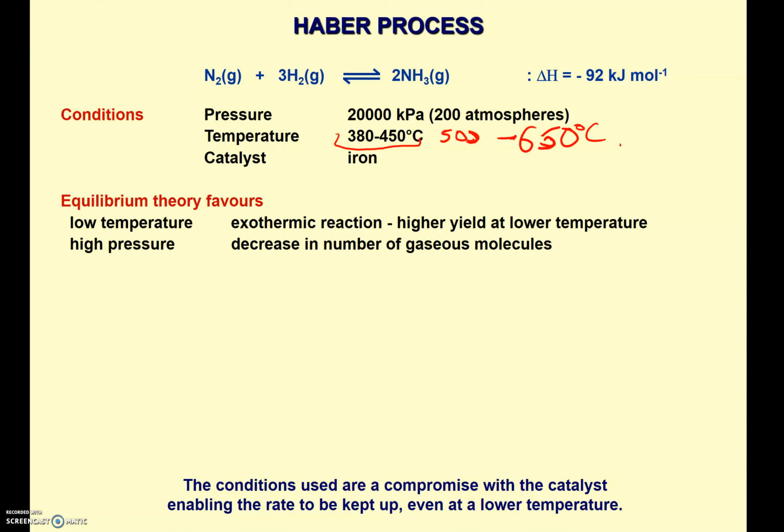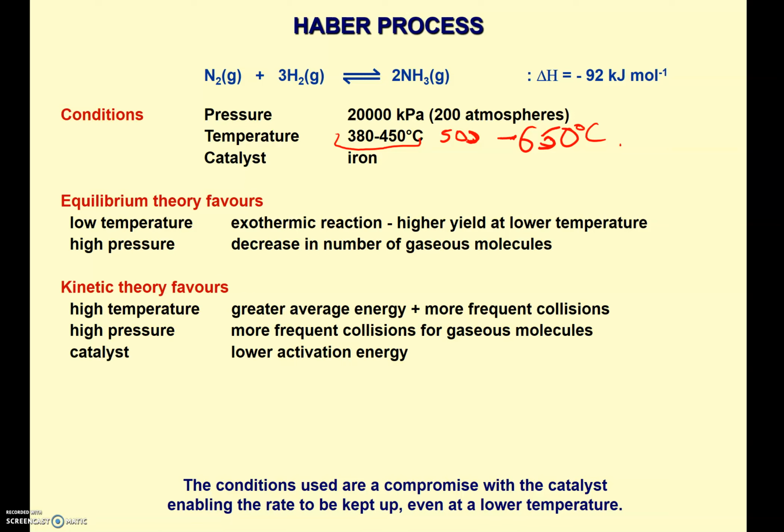If you were looking purely at the equilibrium theory and trying to decide on your temperature, you would think it would be a low temperature because it's an exothermic reaction, and a high pressure, because the forward reaction produces a smaller number of molecules. Kinetic theory then favours a high temperature, a high pressure and a catalyst.